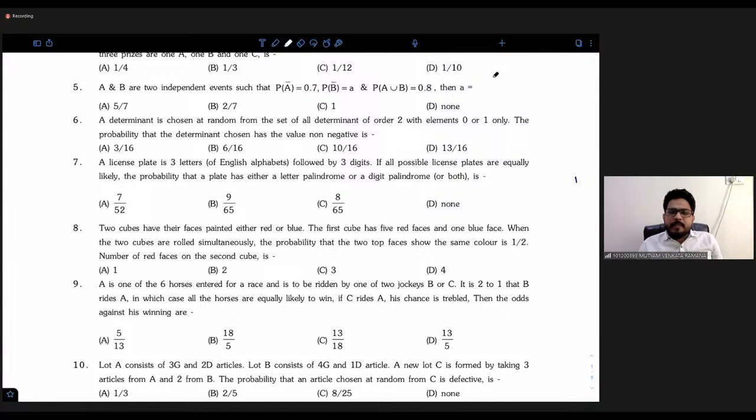So what does palindrome mean? It is like ABA. Number palindrome 636. So probability of letter palindrome: 1, 2, 3. The first one you can take 26 alphabets.